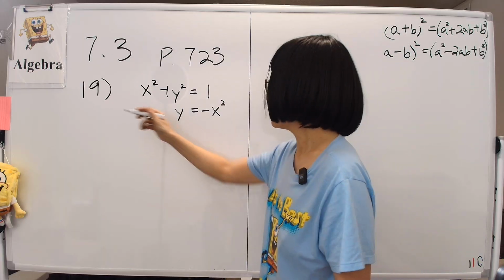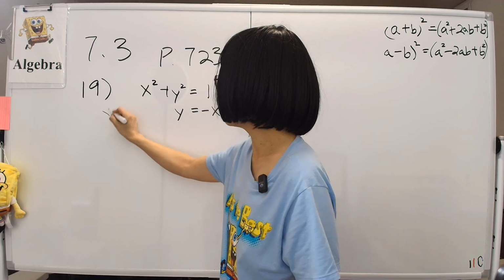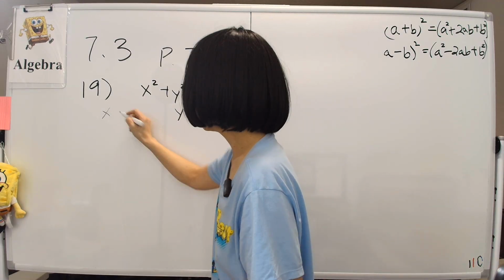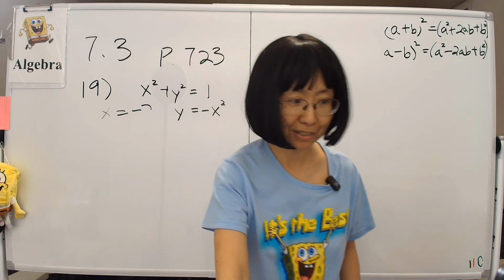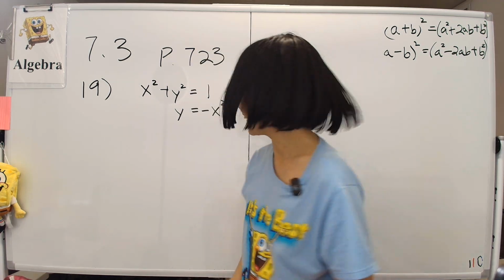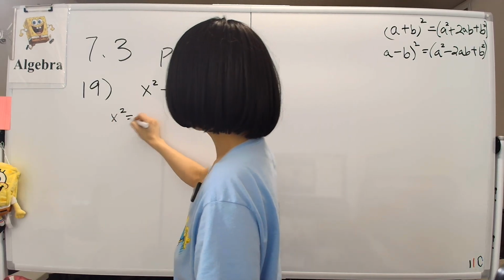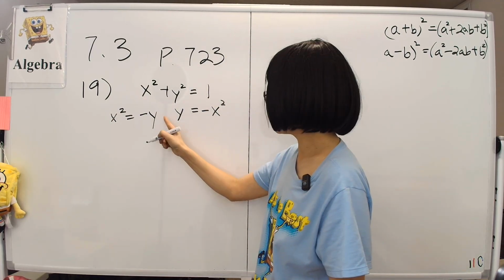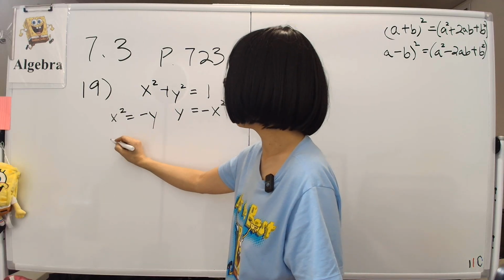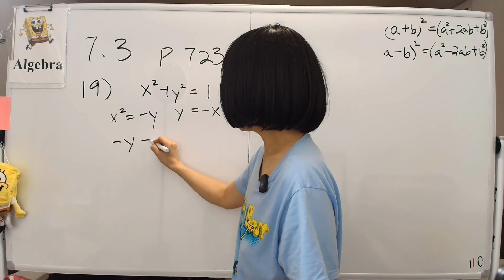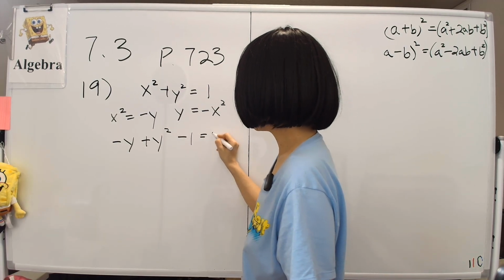So let's do that. From this equation, we get x squared equals minus y. Let me erase that. All right, try again. So from here, we get x squared equals minus y. Put x squared on this side, put y on the other side, and you get this. Let's plug it in here. We have minus y plus y squared minus 1 equals 0.